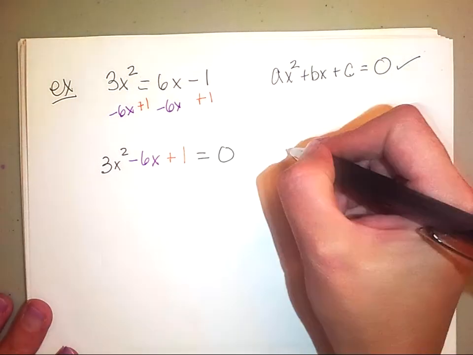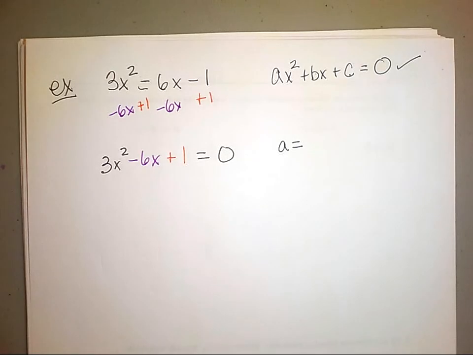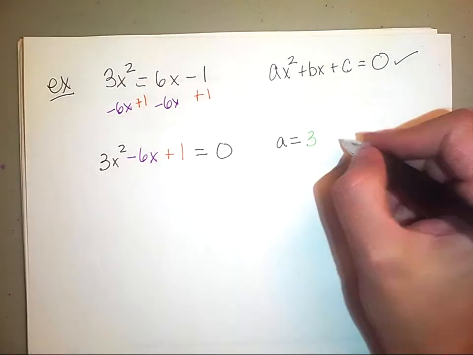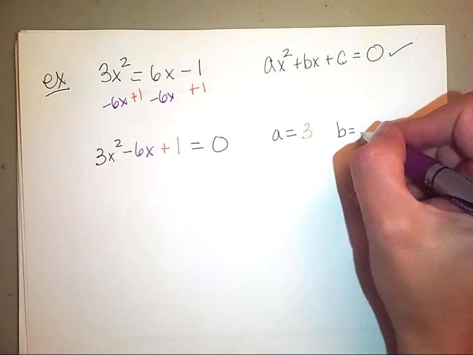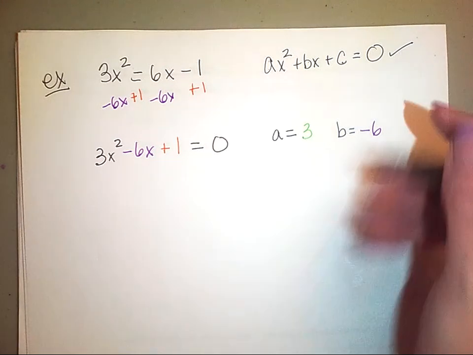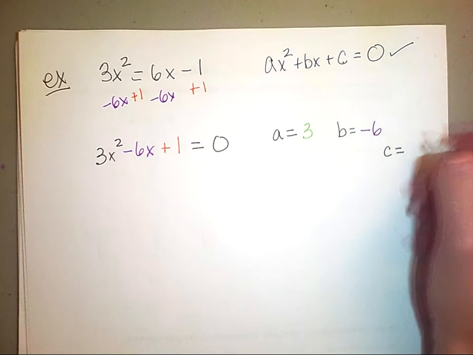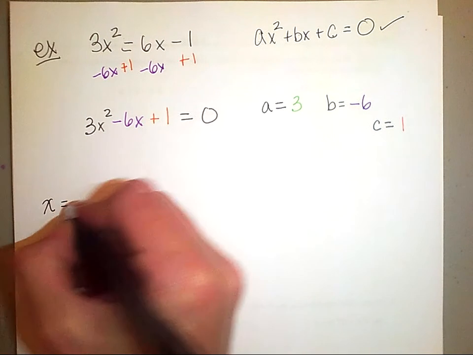Now that we have it in this form, now we can determine that a is equal to 3, b is equal to, remember, since we're subtracting 6x, it's going to be negative 6. And now c is equal to positive 1.